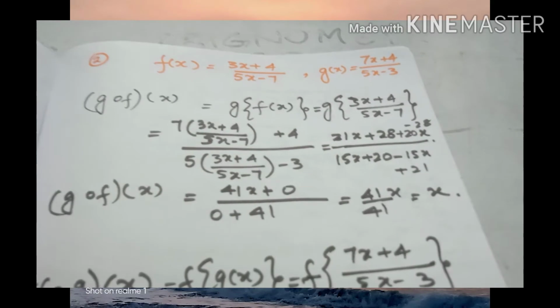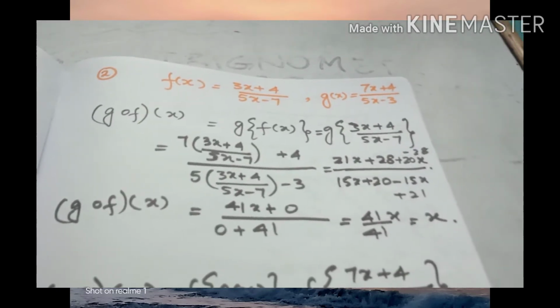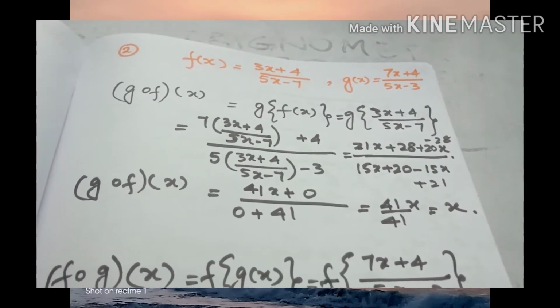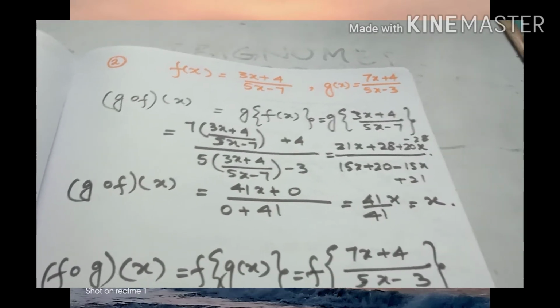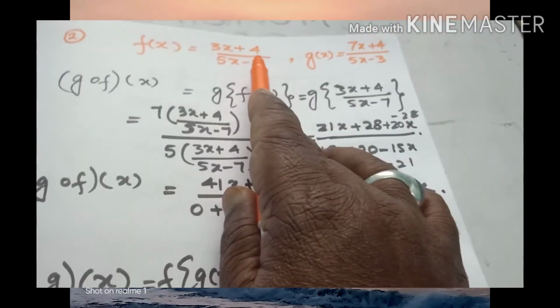In question number 2, we have to find out the composition function g of f and f of g. So we know the functions are given here already in the question.